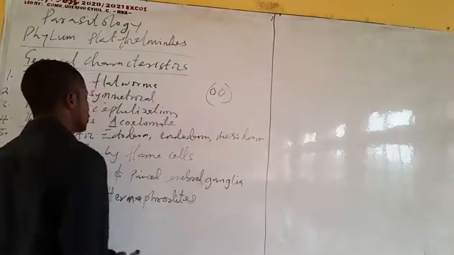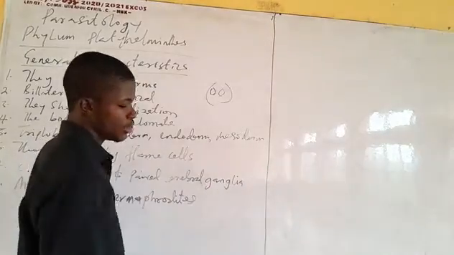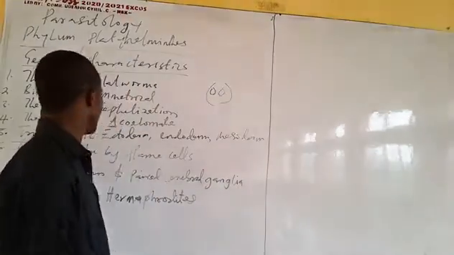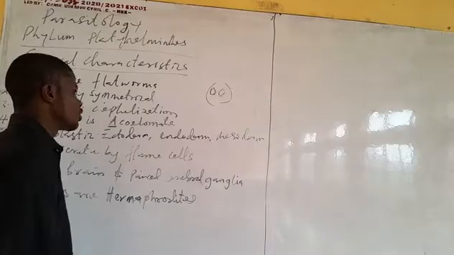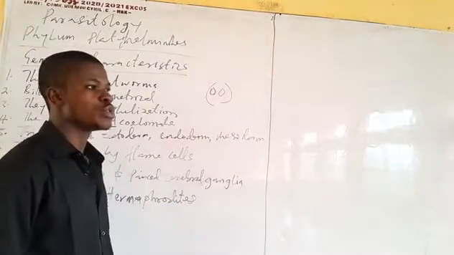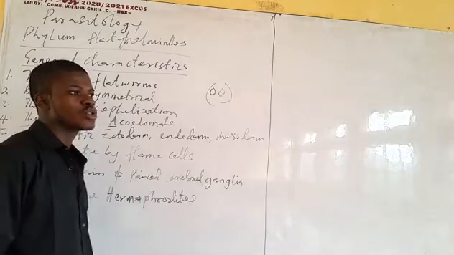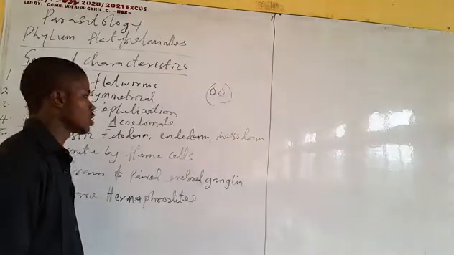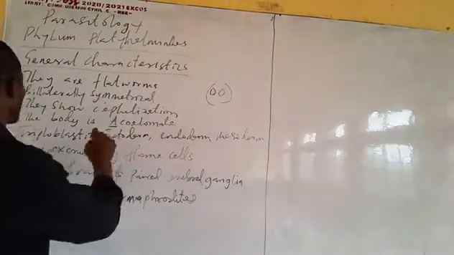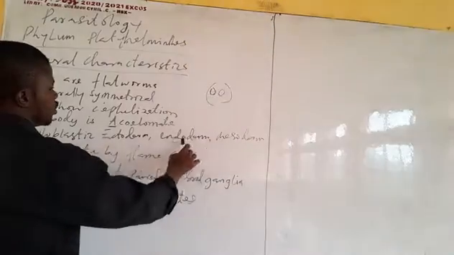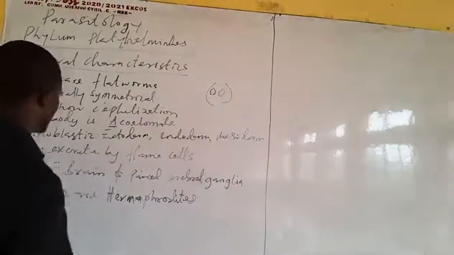And this ectoderm, endoderm, and mesoderm is filled with loose connective tissues, parenchymal tissues, that fill between these layers.